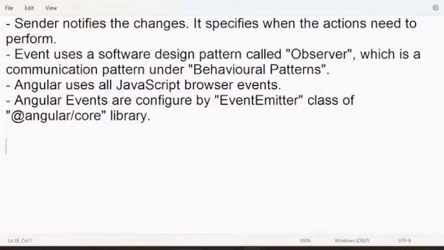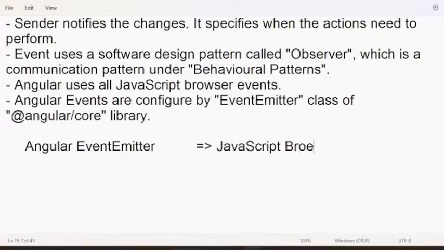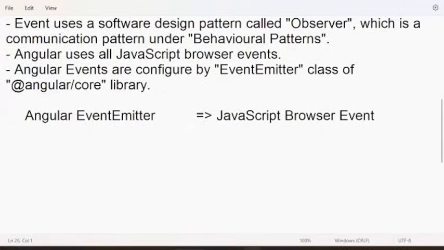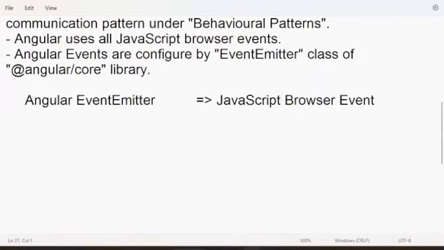Actually, what happens is Angular uses an event emitter which maps to JavaScript browser events. So Angular is not using browser events directly. Angular is using the event emitter events which are mapping to browser events.